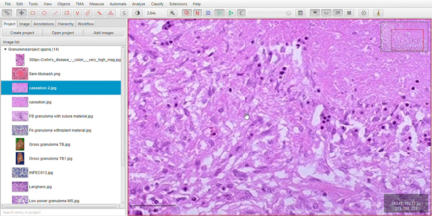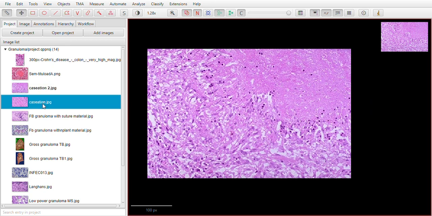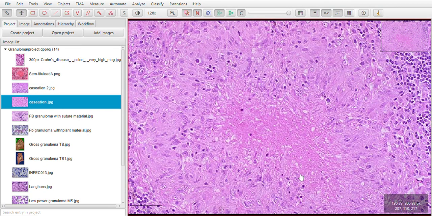These elongated cells are nothing but epithelioid cells, which are modified macrophages. Another closer look at caseation necrosis: maybe this is forming a giant cell, but these elongated cells are the epithelioid cells. They have nuclei with tapering ends and indistinct cell boundaries.